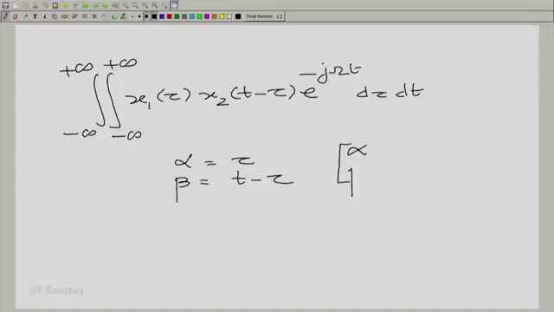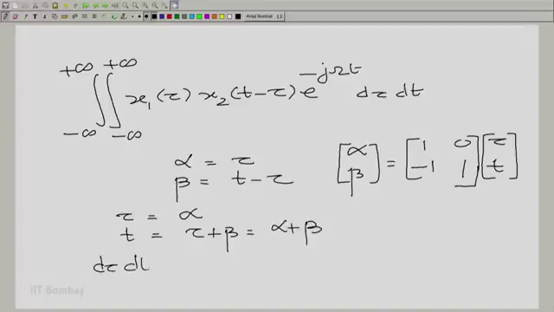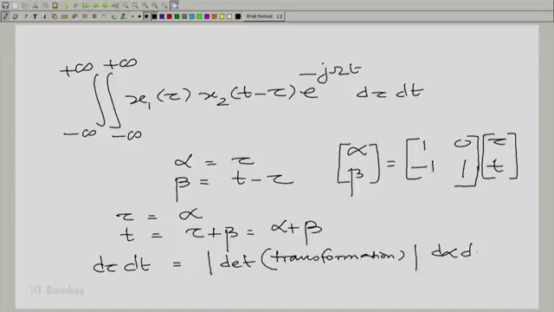Alpha is 1 times tau, beta is minus 1 times tau plus 1 times t. So, now we look at essentially a transformation of the element of integration. Tau is of course equal to alpha and t is equal to tau plus beta, which is equal to alpha plus beta, and d tau dt is essentially the modulus of the determinant of this transformation times d alpha d beta.